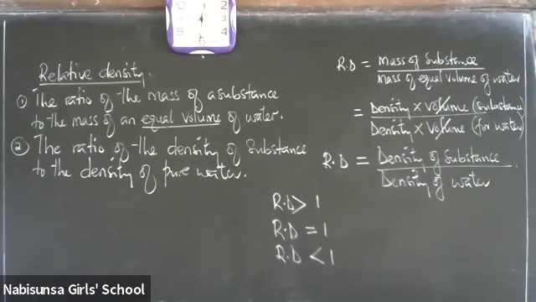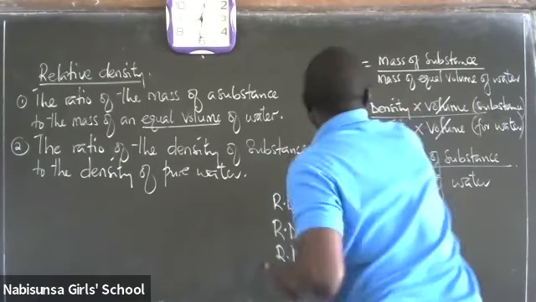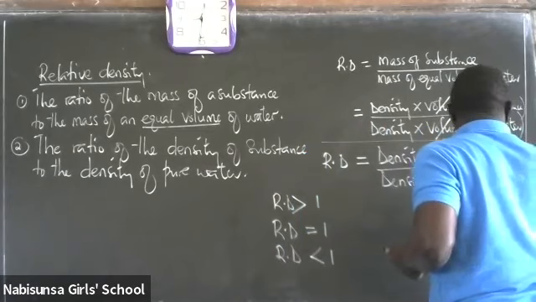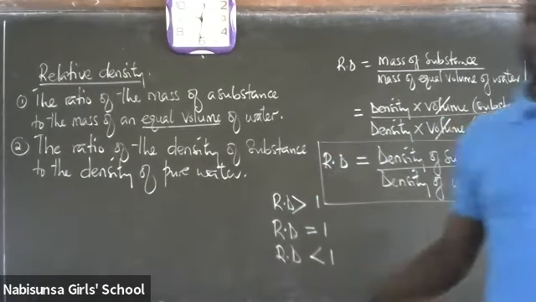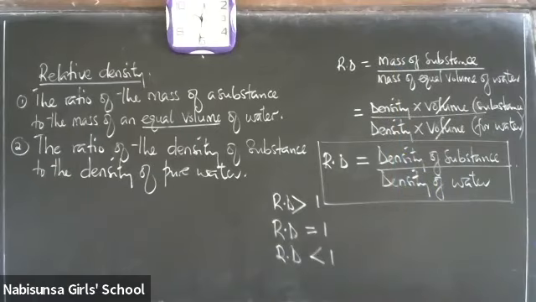When can our answer for the relative density be greater than 1? What can be the condition? Maybe if it's equal to 1.